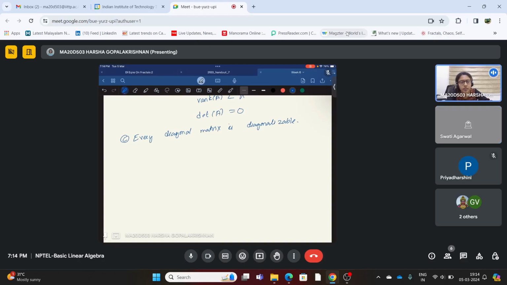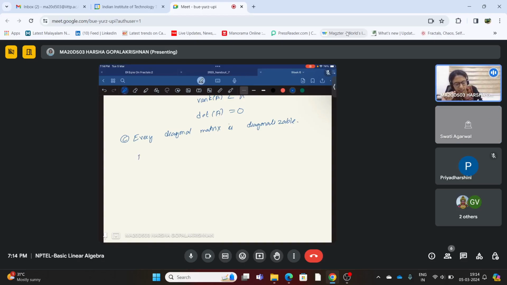The basic definition of diagonalizability. What we did was find the geometric multiplicity and algebraic multiplicity, and if they are equal for each lambda, then we said it is diagonalizable. Actually, those are all methods to find whether a given matrix is diagonalizable or not.